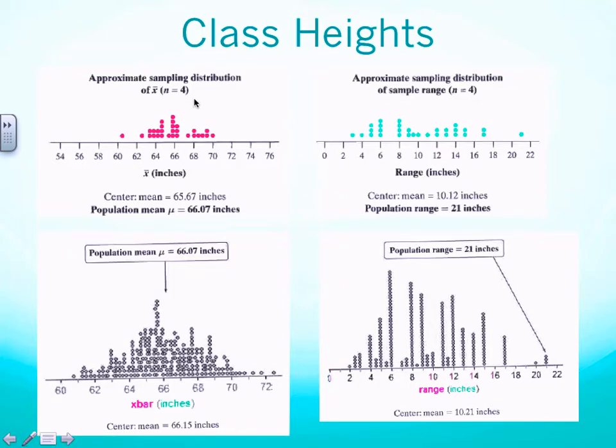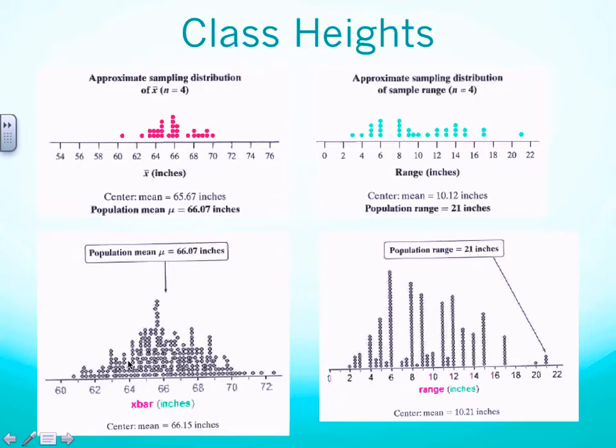So kind of a background to this would be a class is recording student heights in their class on a dot plot. So in the dot plot above here, they're finding the mean in a sample size of 4. So they have 4 students, they find the mean of their heights, and then they recorded it in a dot plot.